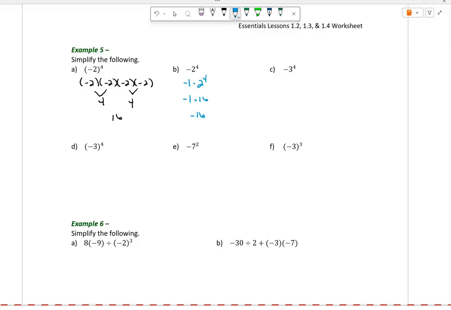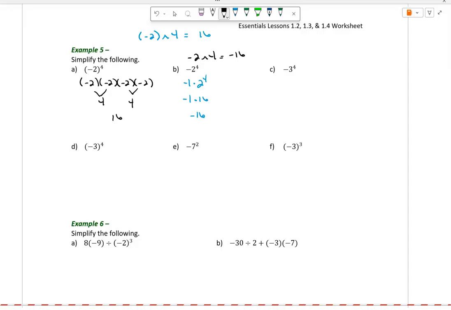If you want to try this real quick, do a parentheses, negative 2, close your parentheses, then your exponent button, on the TIs it's the caret, and to the 4th, then equals. You'll get a positive 16, just like we did for part A. If you leave the parentheses off, like we did here, and do negative 2 to the 4th, you get a negative 16, because your calculator is programmed for order of operations. It knows the difference. Okay?